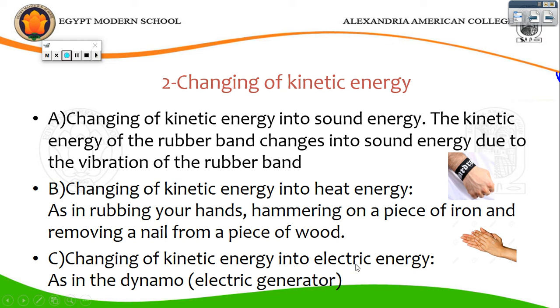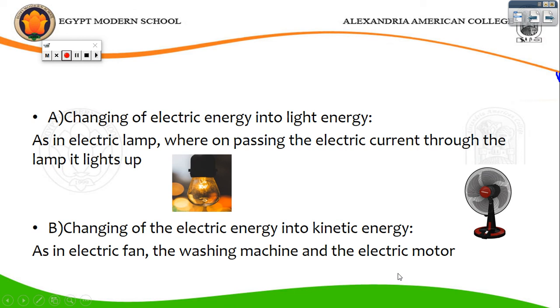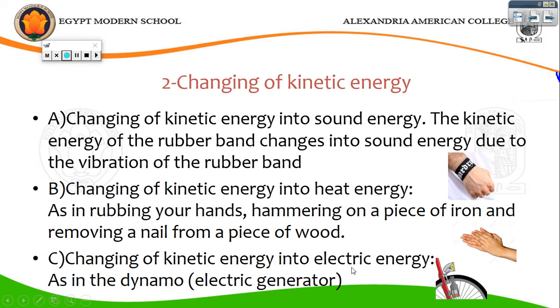Changing of kinetic energy into electric energy, as in the dynamo, the electric generator. What is the dynamo? In the bicycle, you can see this torch. This is the tire of the bicycle.